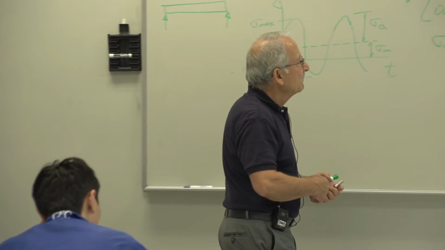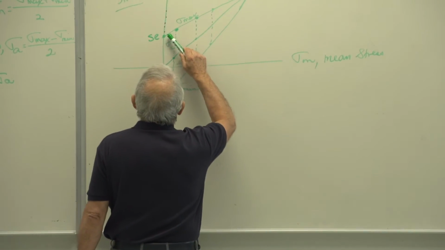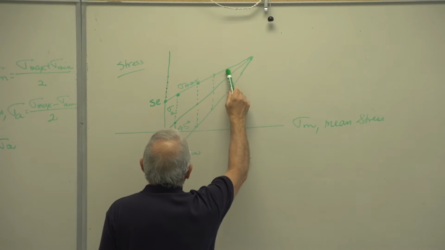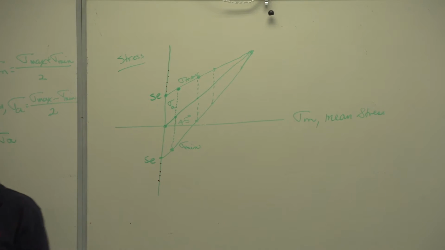Now, what's the limiting value of sigma max if the material is ductile? What can be its maximum value after which we shouldn't even be talking about fatigue?